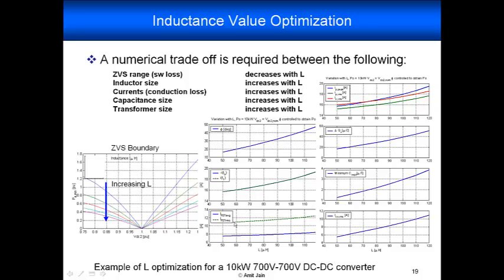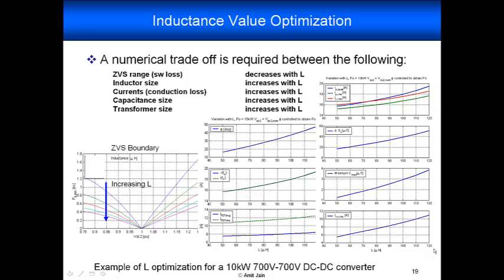In this curve you can see that increasing the value of L is resulting in increased RMS current for the FET and also increased average current for the FET.